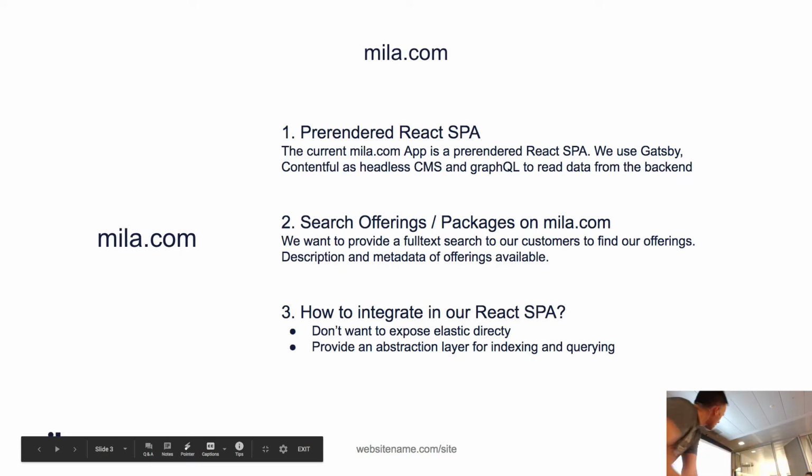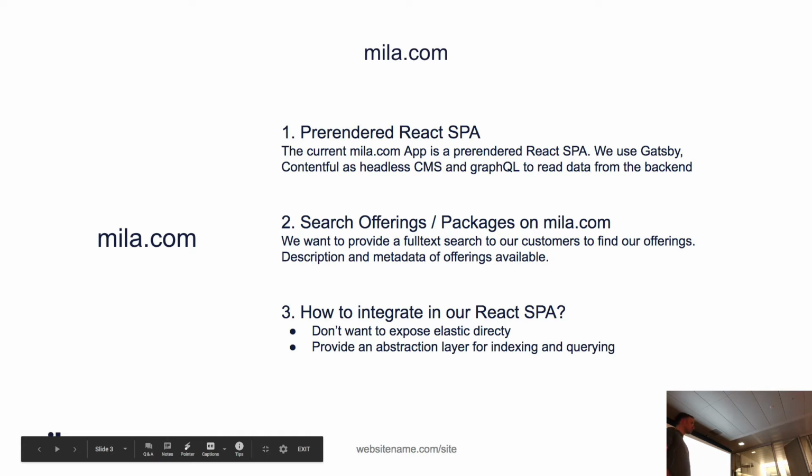So what's the architecture of the Mila.com page that we use? We have a pre-rendered React single page application. We have a lot of products and a lot of sub pages on Mila.com. But if different people go to the Mila page, they will see exactly the same thing. It's not like Gmail where you will see your personalized content.